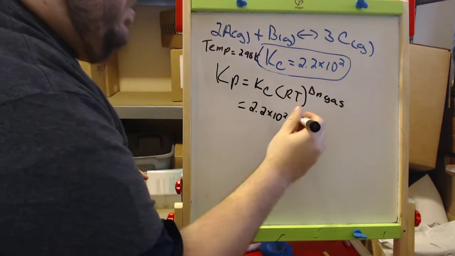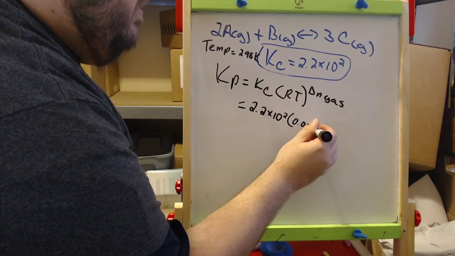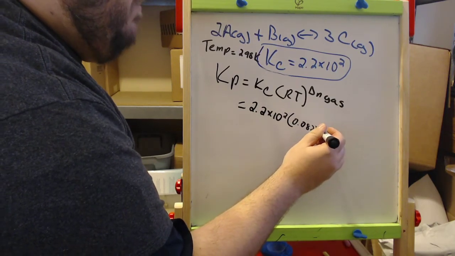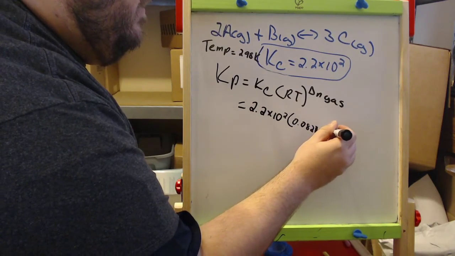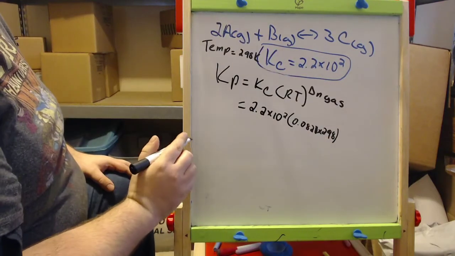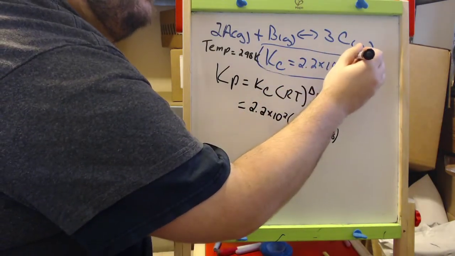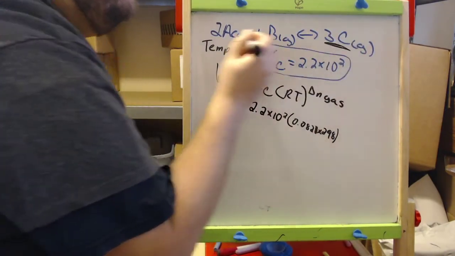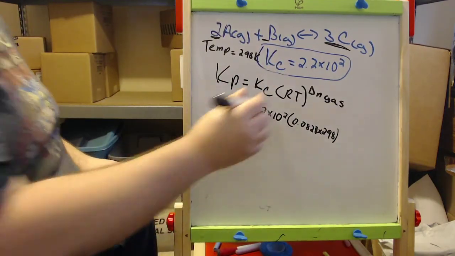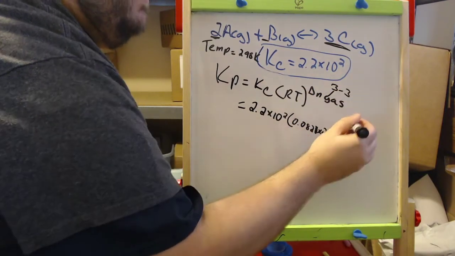I plug in R, 0.0821, multiplied by the temperature, 298. And now I have to find my change in the moles of gas. Products minus reactants. Over on the product side, there's 3 moles of gas. Over on the reactant side, there's 3 moles of gas. My delta n of gas is going to be 3 minus 3, which is 0.